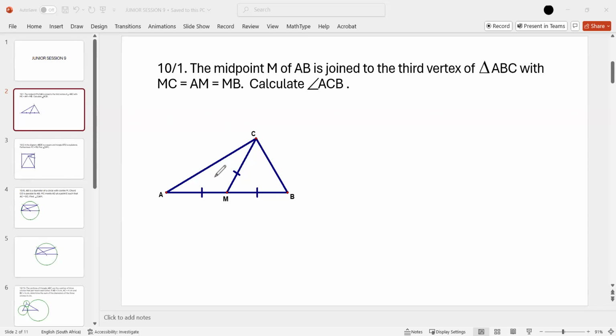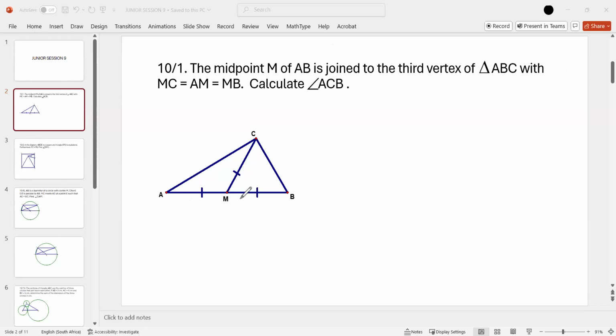Okay, so let's have a look at the very first question. The midpoint M of AB is joined to the third vertex of triangle ABC so that these three are equal: MA equals MC equals MB.